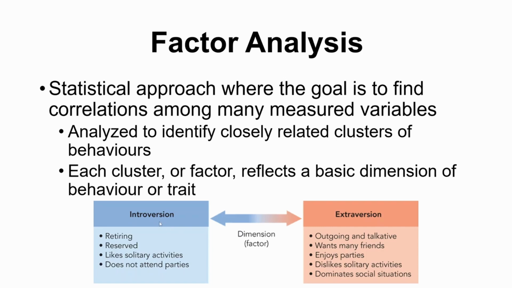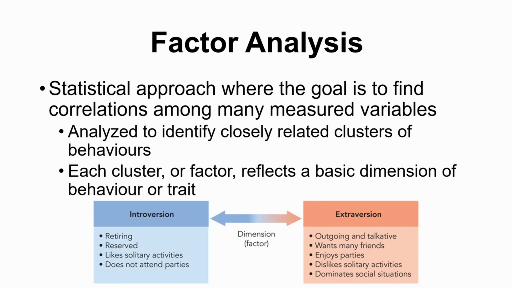But at the bottom here, we have a personality example of some of the things we might have broken this down into, where they've identified a particular dimension of personality or a factor or a trait, whatever we're looking at. And here, this is that introversion-extroversion spectrum that I've mentioned a couple of times throughout the semester.